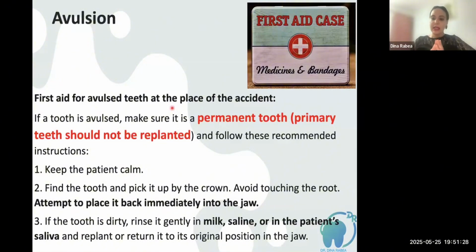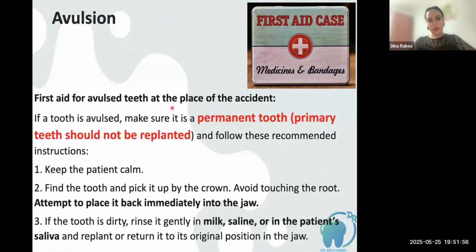Most of the time, you can guess the answer from the age of the patient. If the patient is above 6 years of age, most of the time it is a permanent incisor. If not, you have to discard the tooth after making sure it was a primary tooth, because we do not replant primary teeth into the oral cavity, to avoid causing further damage to the successors.